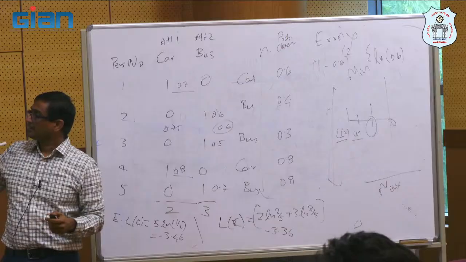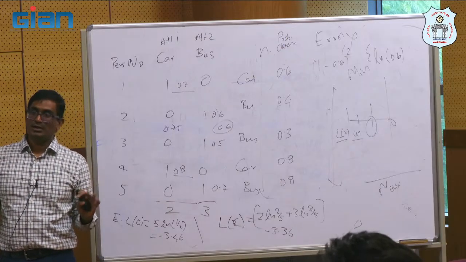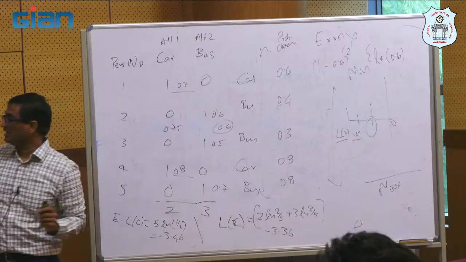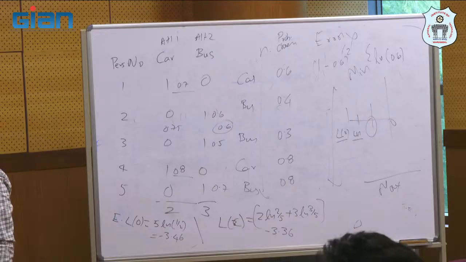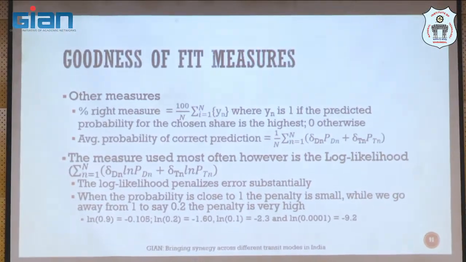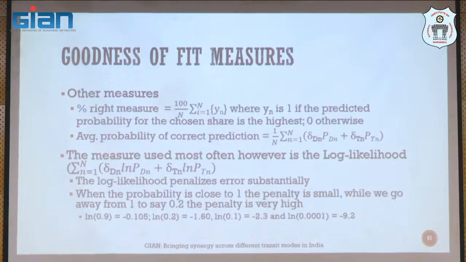But overall, log likelihood is the most preferred metric, because log likelihood penalizes poor predictions severely. If you look at the numbers at the bottom, if you predict 0.9, this is the log likelihood contribution. Obviously, if you predict 1, it's 0. But as you do worse, it grows not just as a square, it grows exponentially larger than that because that's a log distribution.